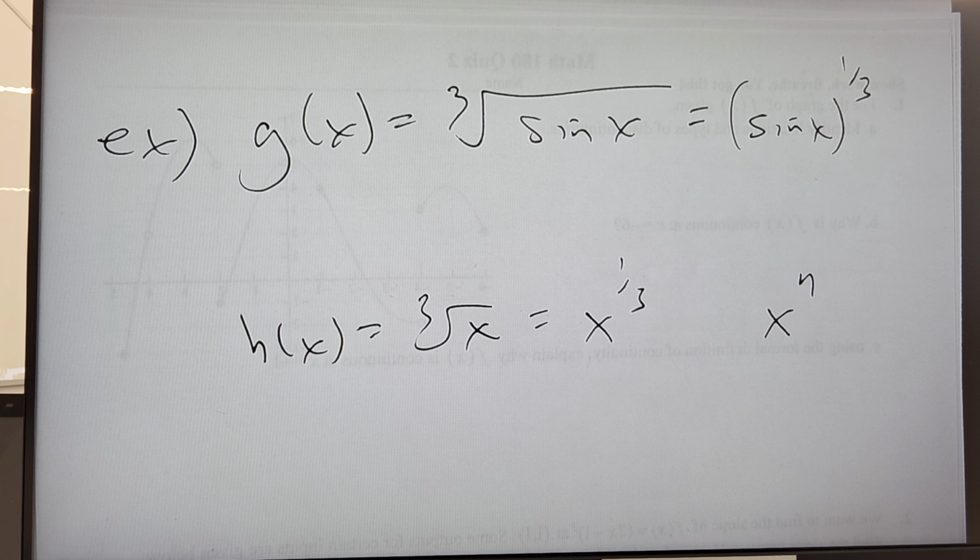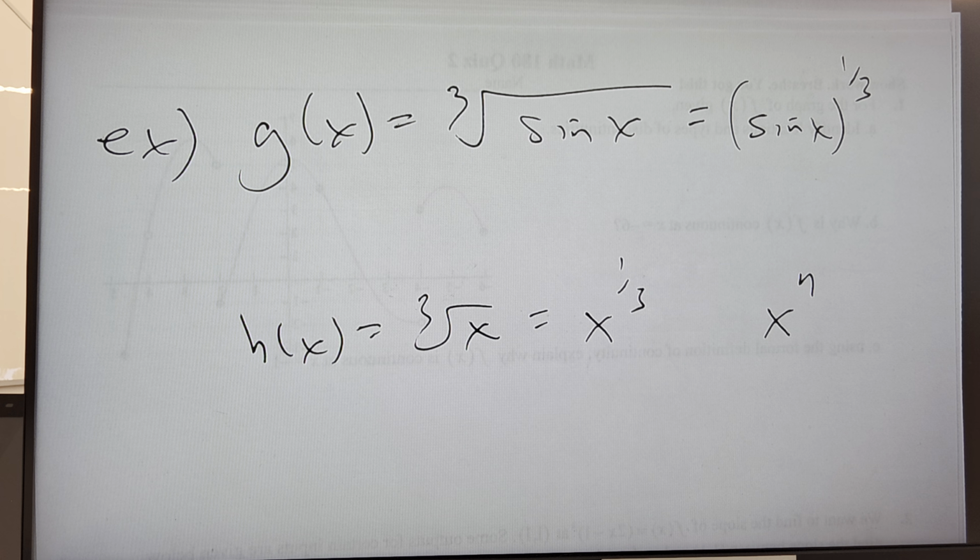Do you see how we are going to start developing rules that will help us? This is going to sound just like that worksheet we did last time. Isn't there an inside function? Isn't there an outside function? When the inside function is just x, that's an easy problem if I know the rule. I know the rule for something to the 1/3 power, don't I?